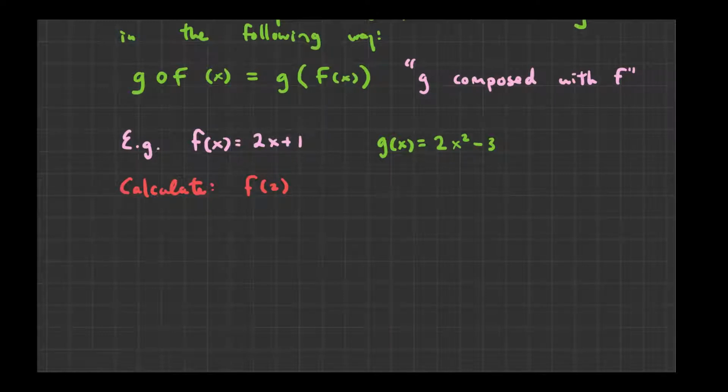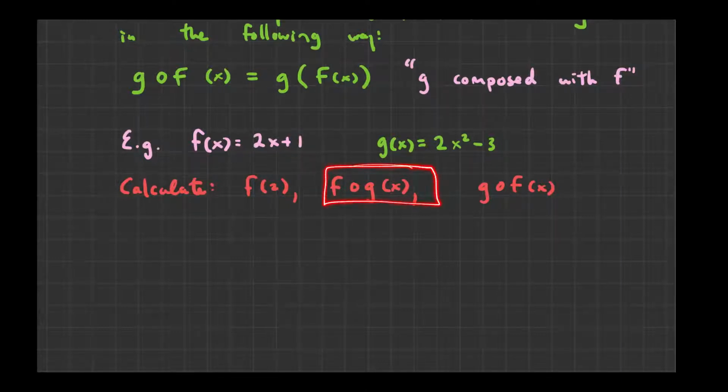Then I want us to calculate f of g of x, or maybe I should write it the way that we're trying to learn: f composed with g of x. And then I want us to find g composed with f of x. So we'll go in both directions and see if we get the same number depending on whether we compose the first function with the second or the second function with the first.